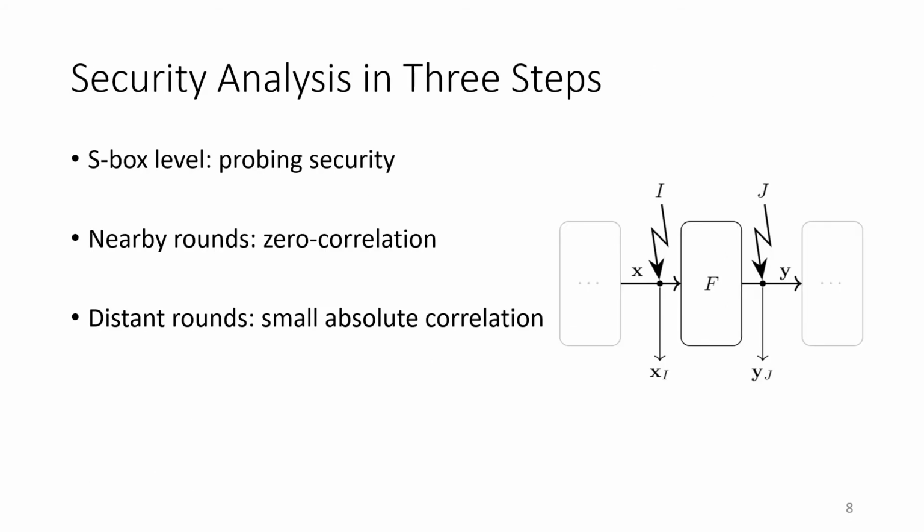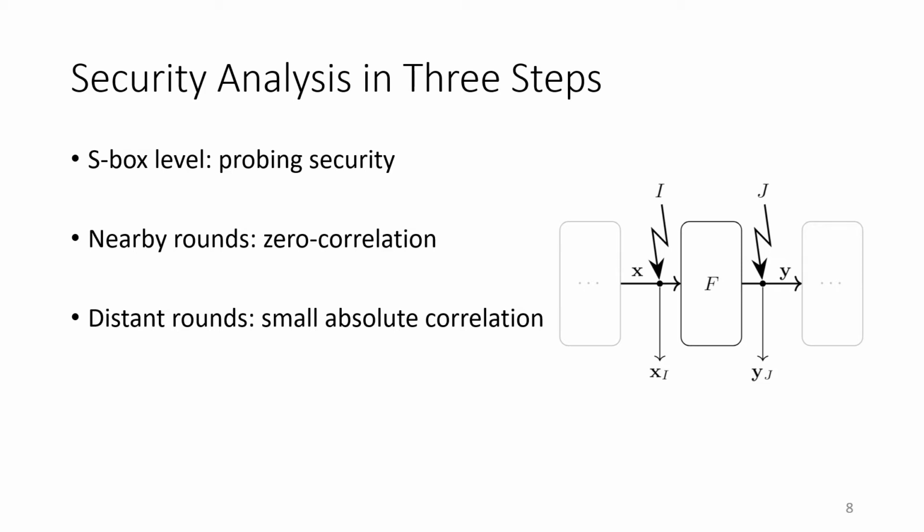And so we do our security analysis in 3 major steps. The first is an S-box level or round level analysis. This follows standard side channel literature.